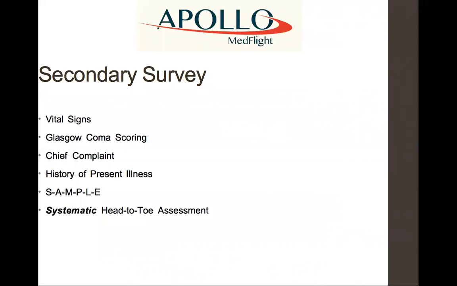And keep in mind that we don't just do it that one time, because a patient can start out at 15 and then move downwards and wind up at an 8 by the time you drop the patient off. And the big thing is trending data. We need to have a Glasgow on every single set of vital signs, every single assessment.